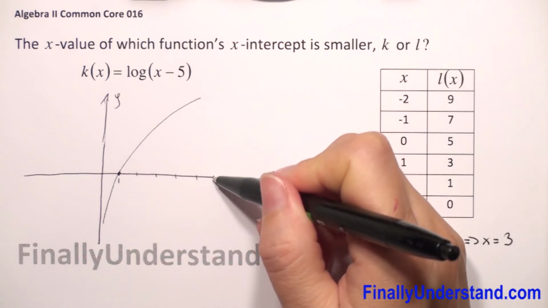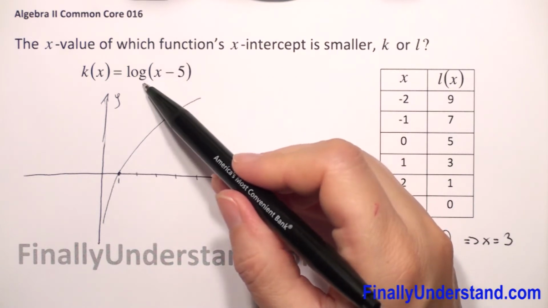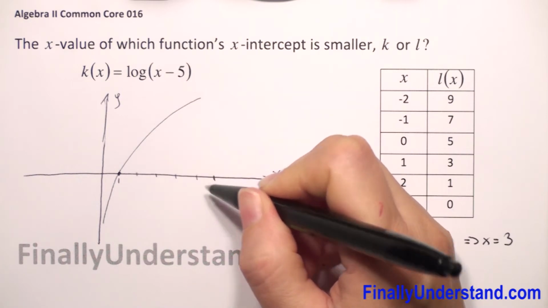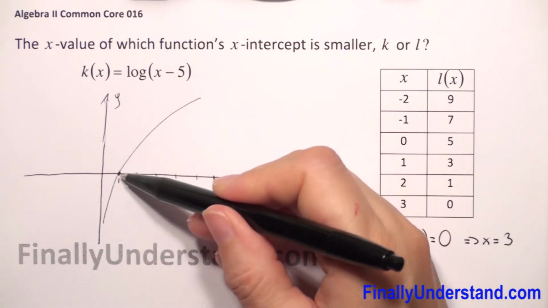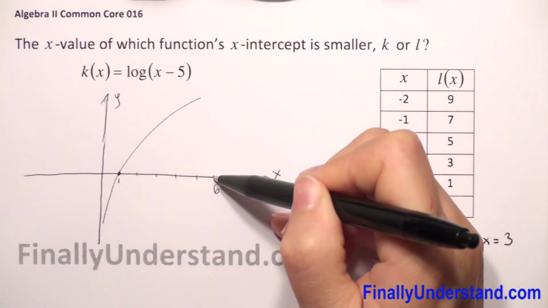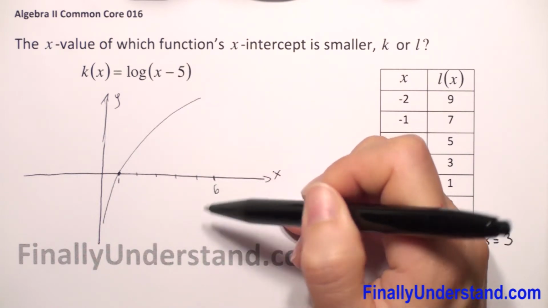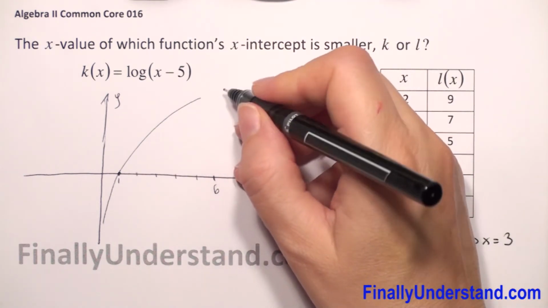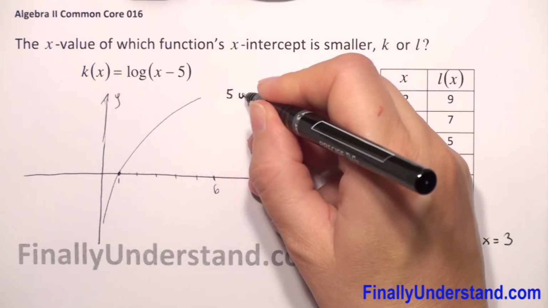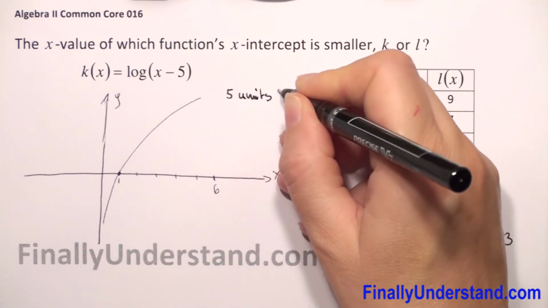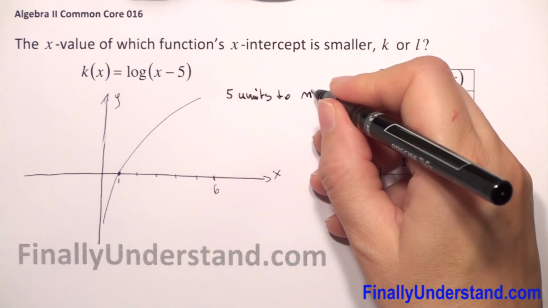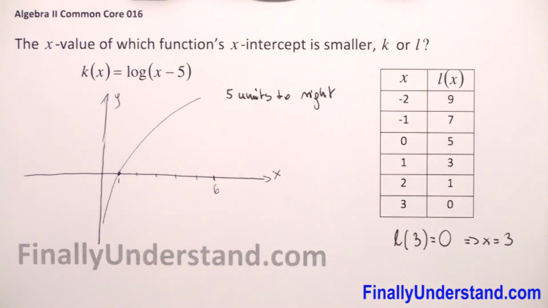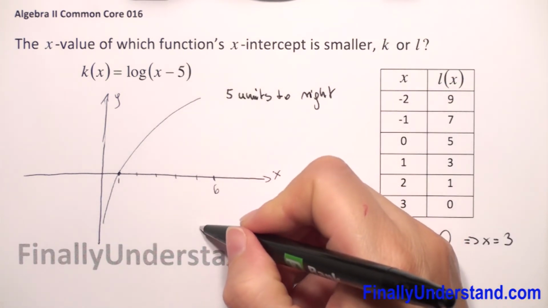So the x-intercept for log of x minus 5 will be here. We have to move 5 units to the right. So our graph is now something like this.